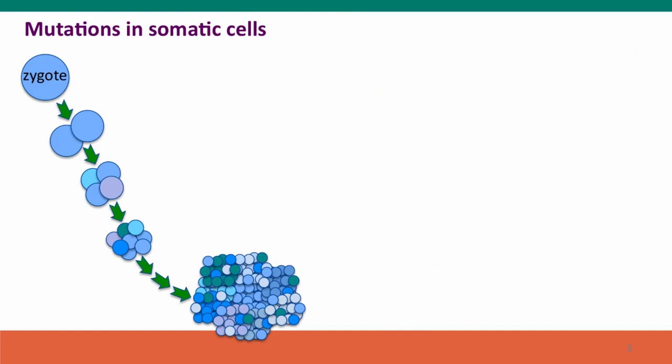Now, here's our diagram, same sort of diagram we had in the last lecture, of the cells dividing as a zygote develops into a large clump of cells in the embryo.